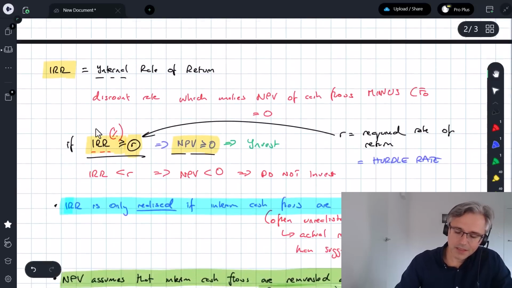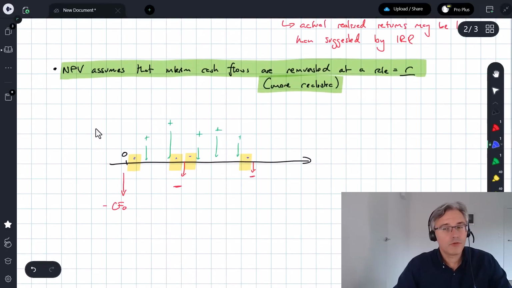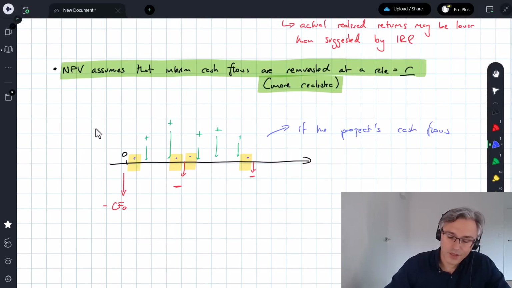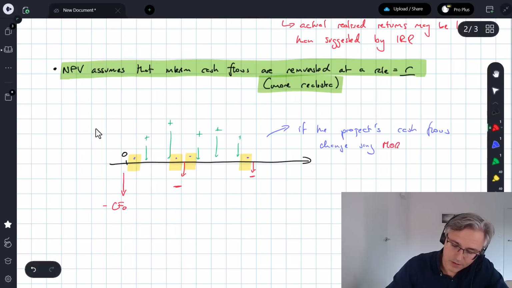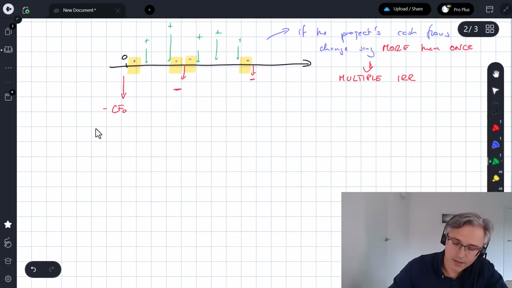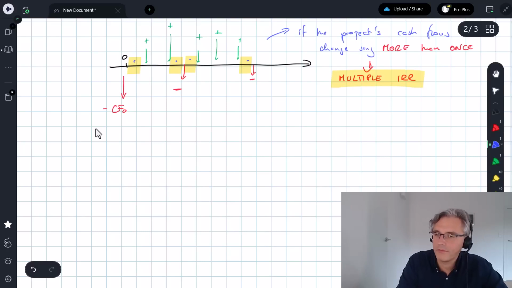And these more complex patterns are problematic because if the project's cash flows change sign more than once, what you'll get is a problem called multiple IRR, meaning your calculator, or your Excel or whatever you may be using, may return multiple versions of IRR, and each one will be different.